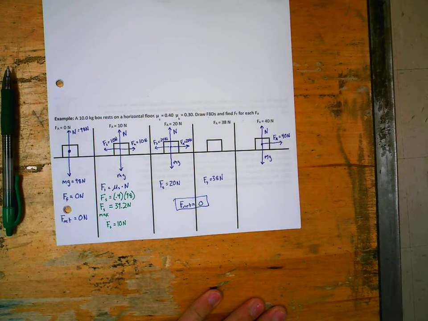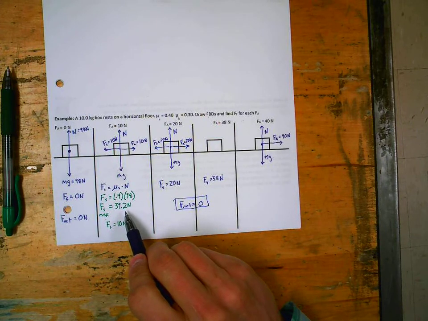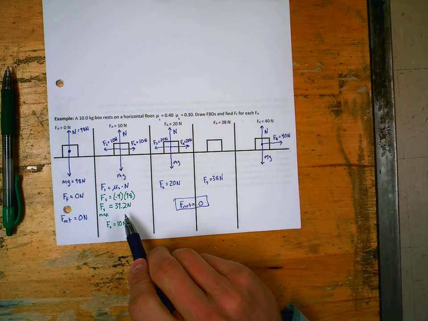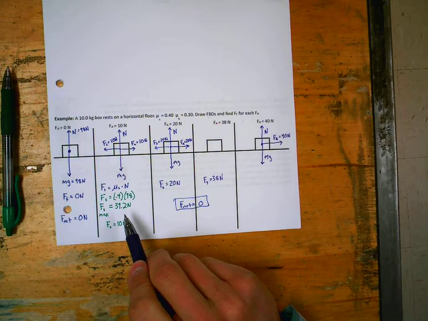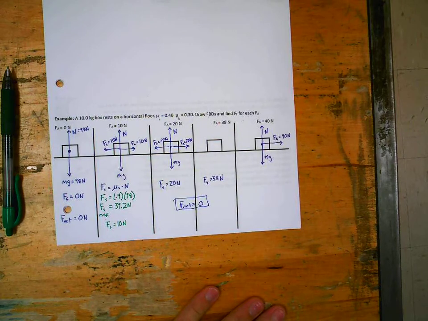Okay, and now that we know that we are over static friction, what's going to happen to the overall friction? It's going to drop because we have entered into kinetic friction, which has got a lower mu.